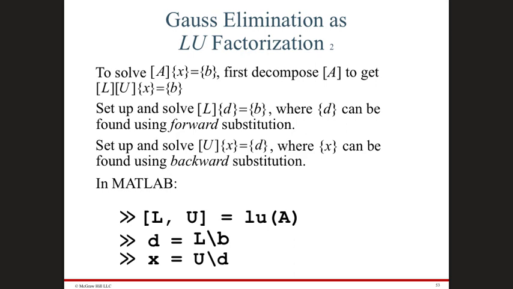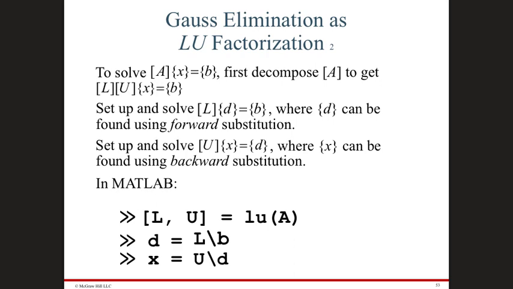So this is the set of lines that you will do in order to do the solution in the way I described. You start with the overall system AX equals B, and then for that you do the LU factorization for the matrix A, and you get the upper and the lower triangular.